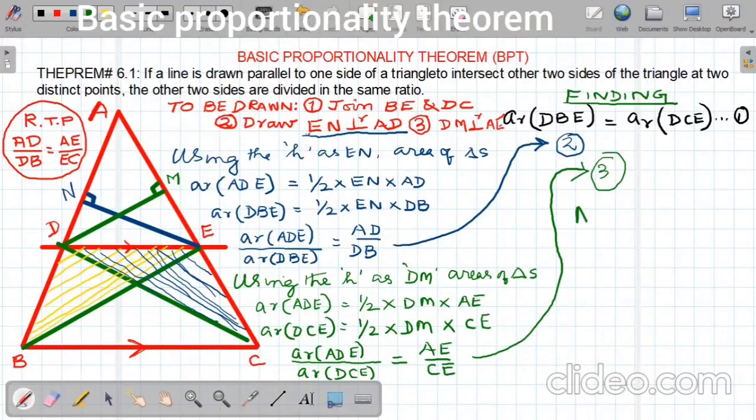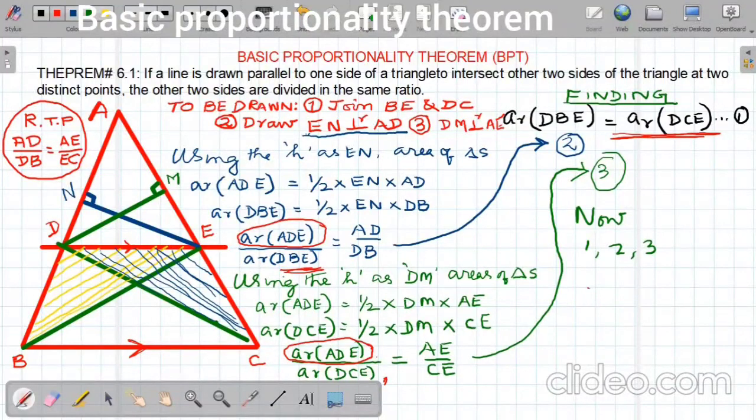Now from our findings 1, 2 and 3, we can say that ADE is common in equations 2 and 3, and the areas of DBE and DCE are equal. Area of DBE and DCE are equal, and ADE is common.